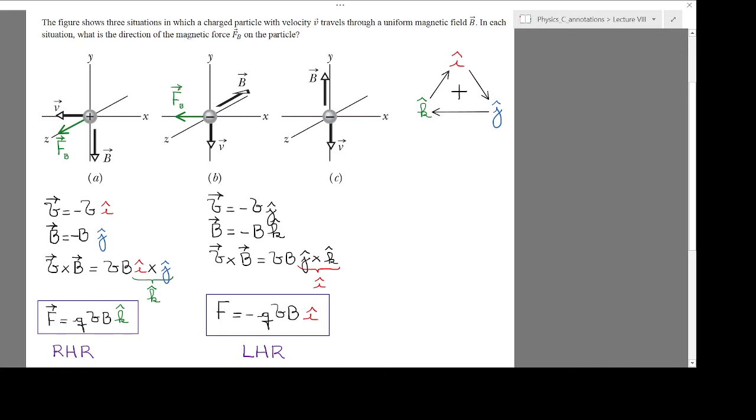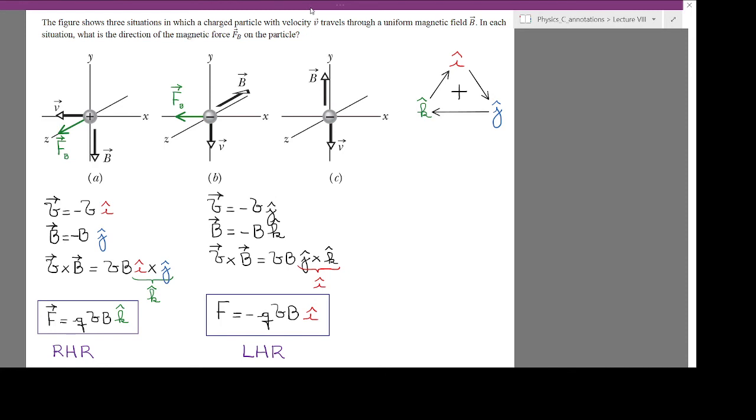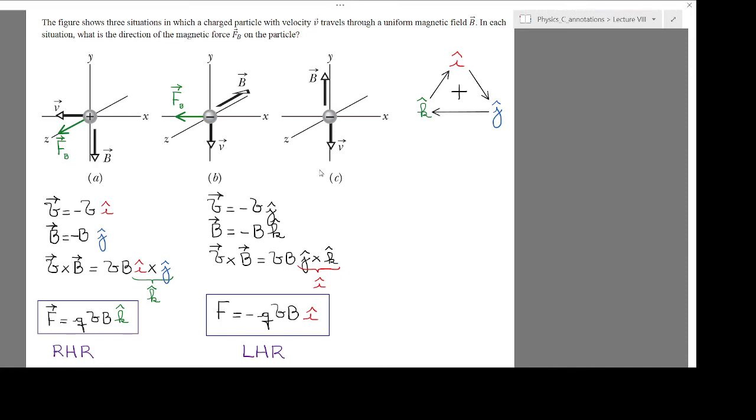So this is the magnetic force. And in this last case, guys, as you can see, both the velocity and the magnetic field have the same direction. You can see that the vector product is going to be 0.